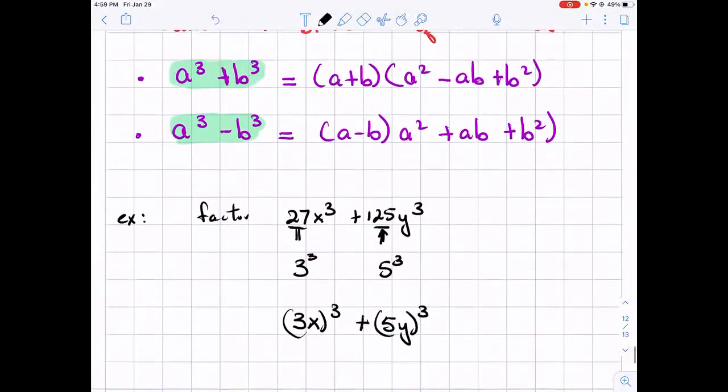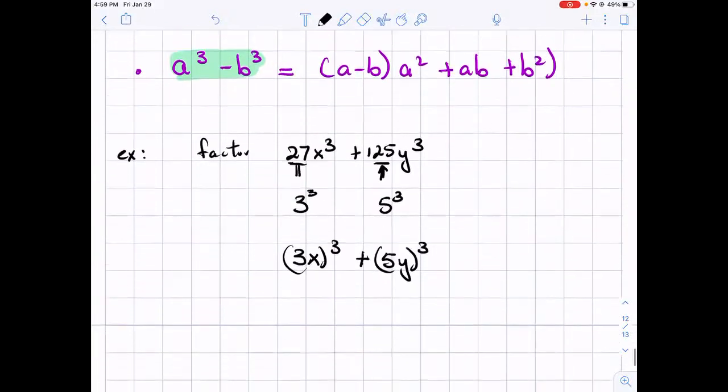And now I can apply the sum of cubes formula. Okay? So the sum of cubes says that if I factor this, I will have 3x plus 5y. Then I will have 3x quantity squared, right?